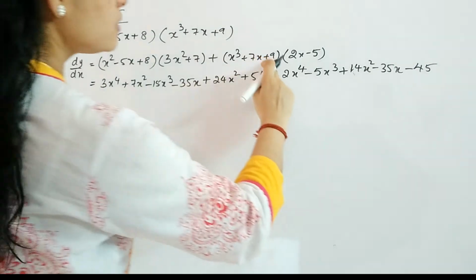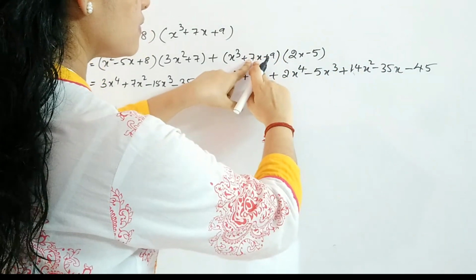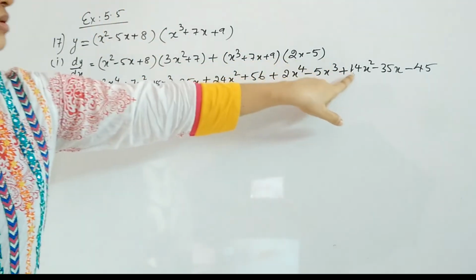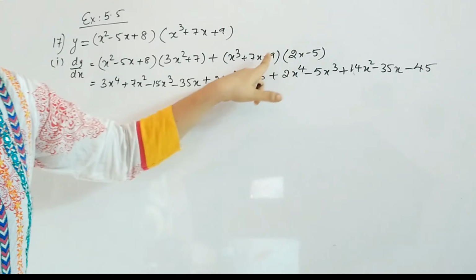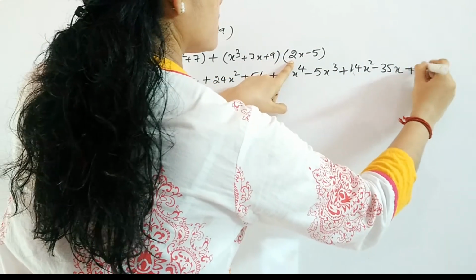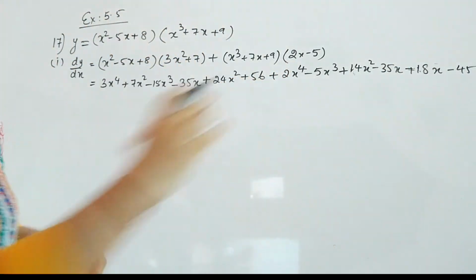Here you got 9 into 2, 7 into 2 is 14, and 9 into 2, one more term is there, no? Plus 18x minus 45. All the terms are correct now?